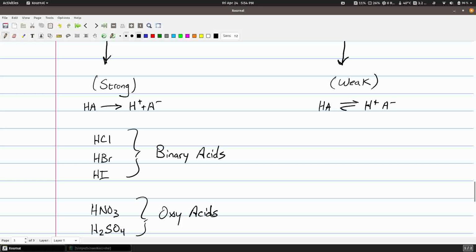Now over here we have our weak acids. We have hydrofluoric acid, and then HNO2, H2SO3, and then we have some carboxylic acids, which are organic.